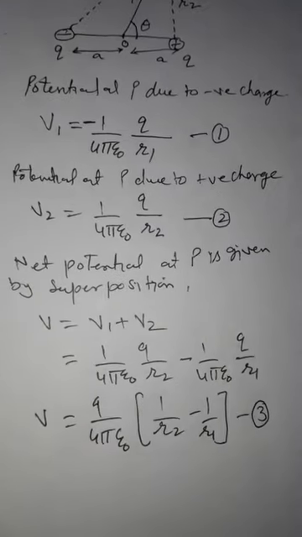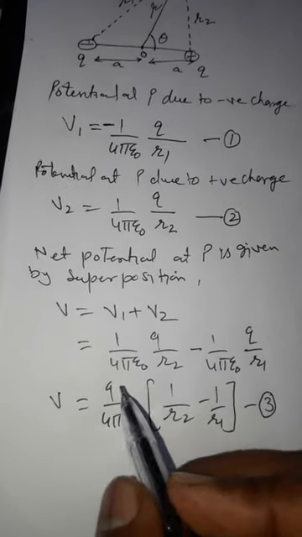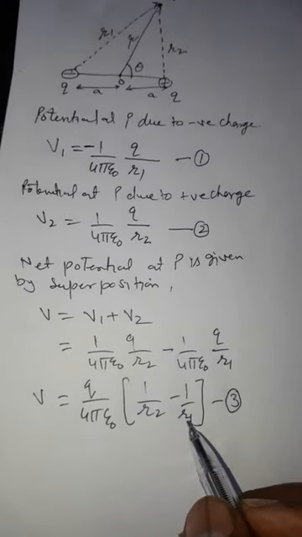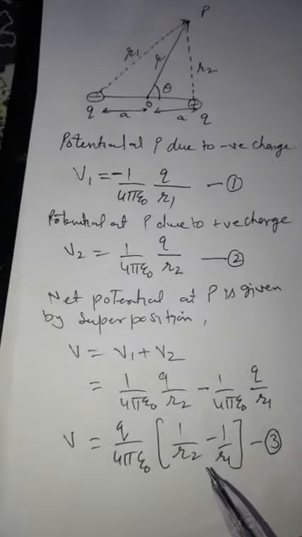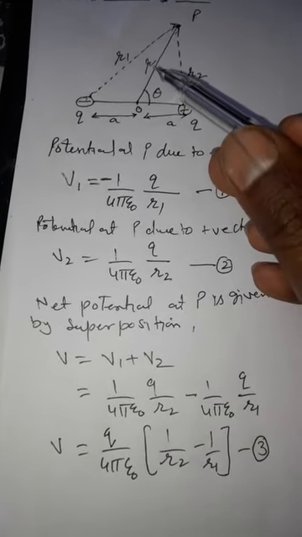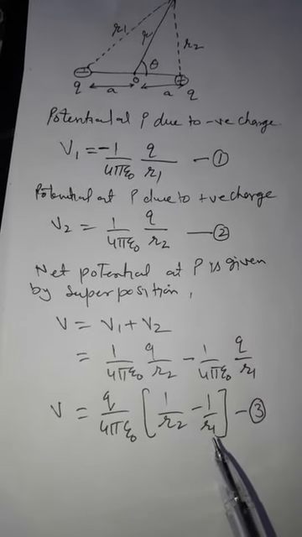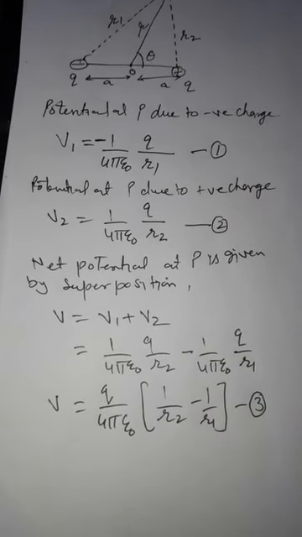Okay, so now this is the net potential at point P, but as it is in the form of r2 and r1, in order to find out the potential in known terms, that is in terms of theta or r, we can replace r2 and r1 in terms of r or theta.